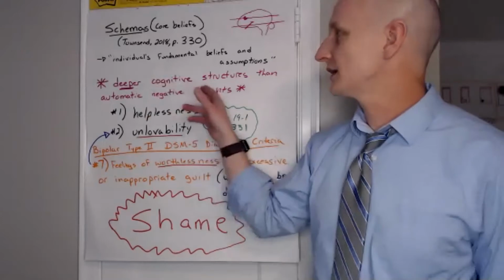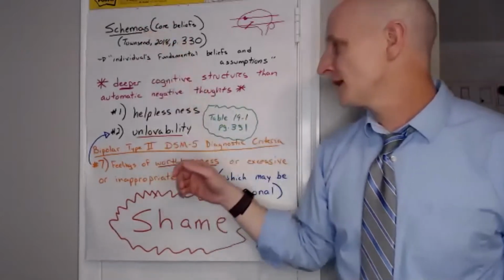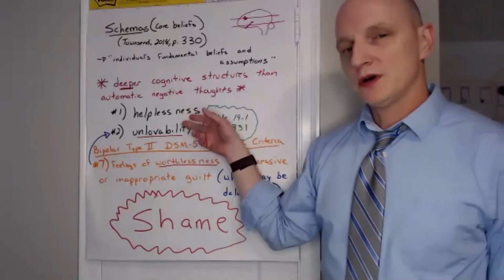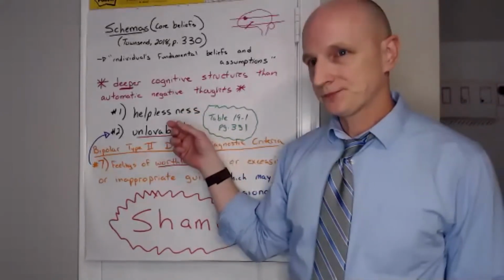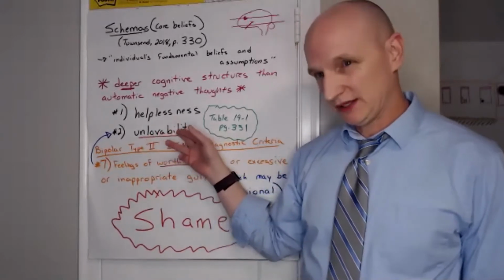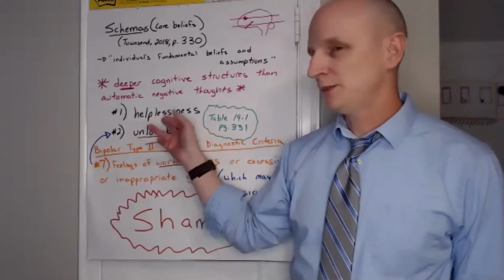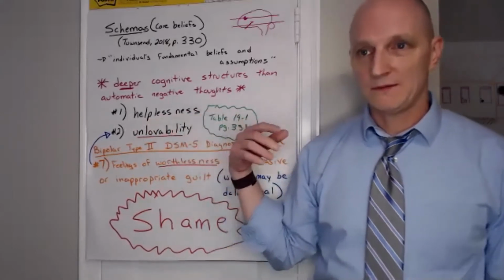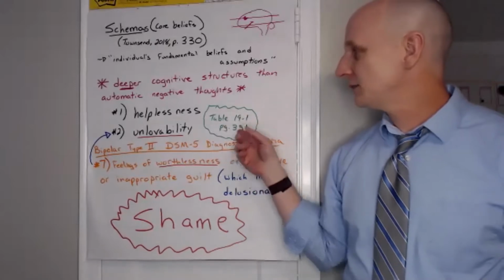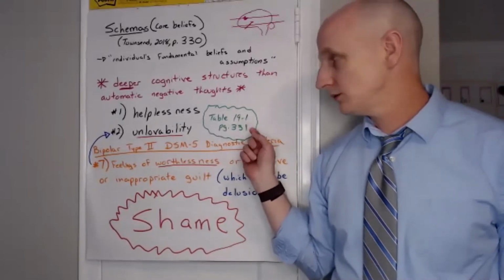So these deeper cognitive structures are called schemas. Townsend says the most common schema is actually called unlovability, and then helplessness is also very common. That's table 19-1 in the book on page 331.